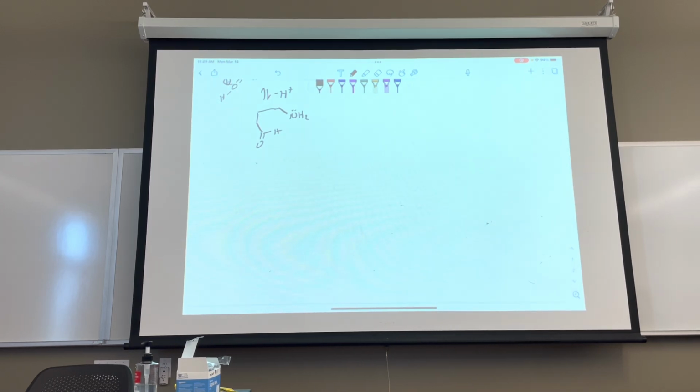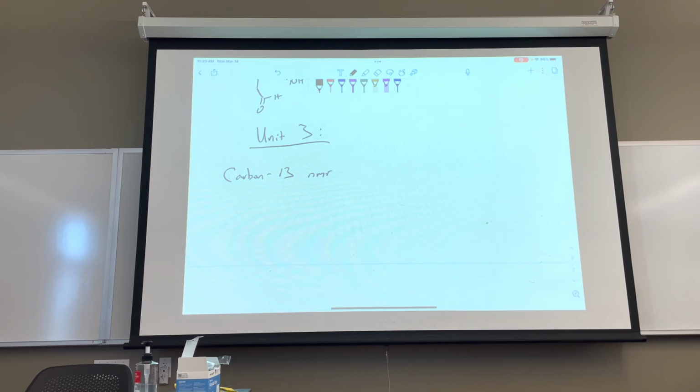So Unit 3 is going to begin with carbon 13 NMR. And so I have the slides for the C-13 NMR on Canvas. Those might be helpful to have as we start going through some of this, because especially once we start diving into the spectra, you'll probably want to have them close by.